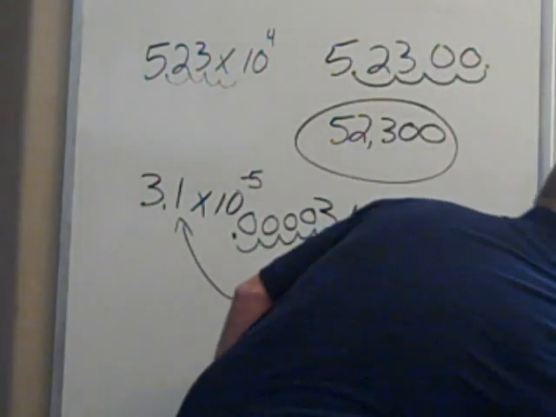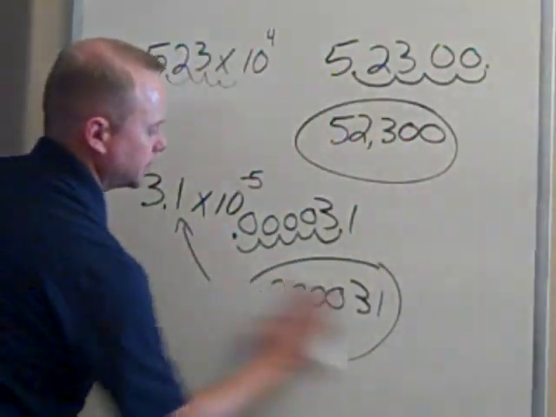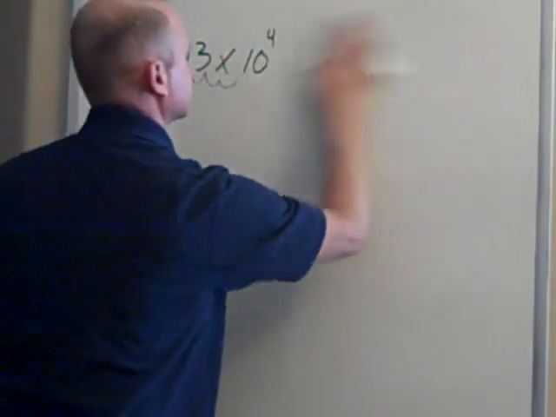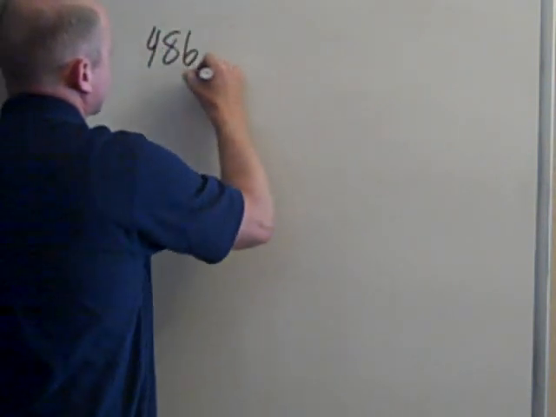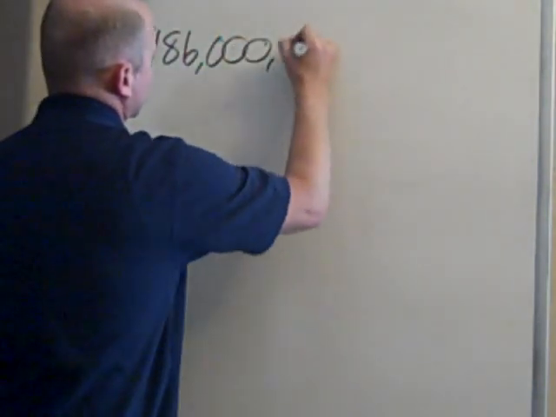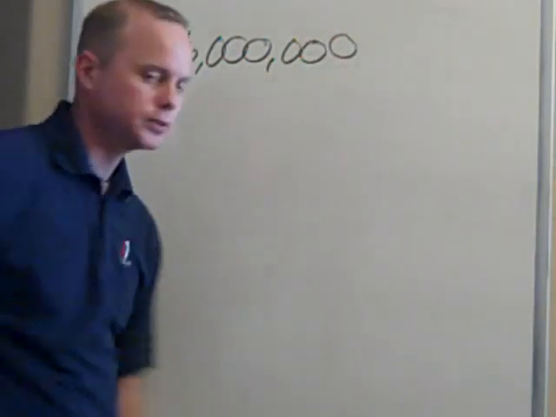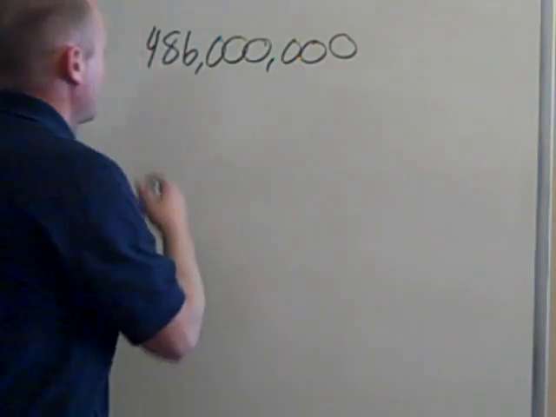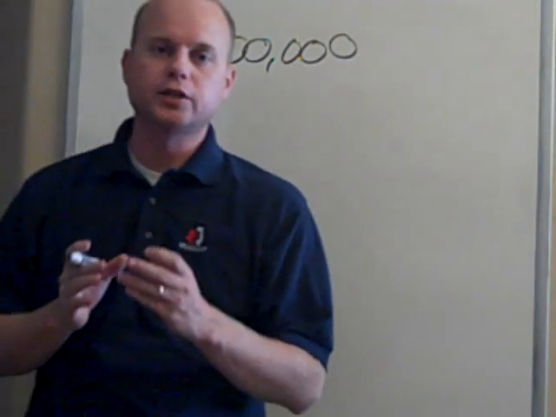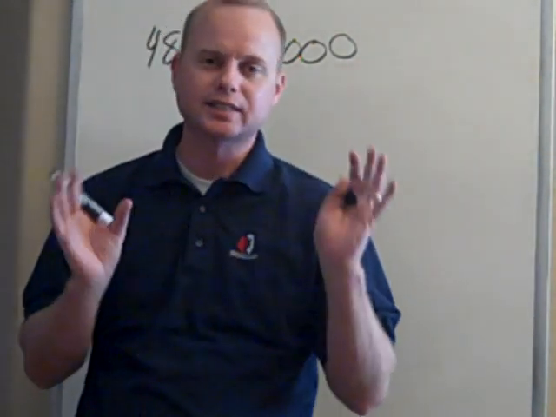Now, we can switch these as well. If you're asked to convert a number to scientific notation, let's use the number 486 million. A lot of zeros, and that's the reason why we use scientific notation, so that we don't have to write out all these zeros. With scientific notation, the number has to be between 1 and 10, and that sounds kind of weird.